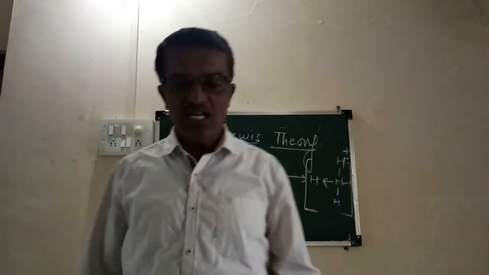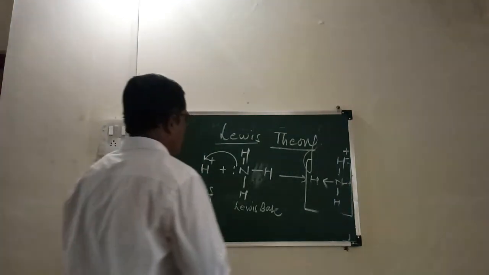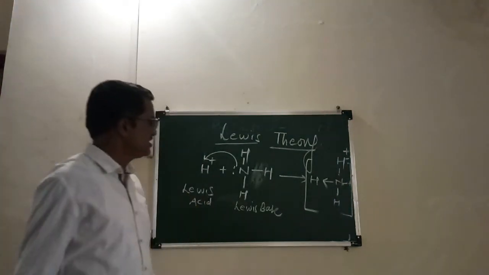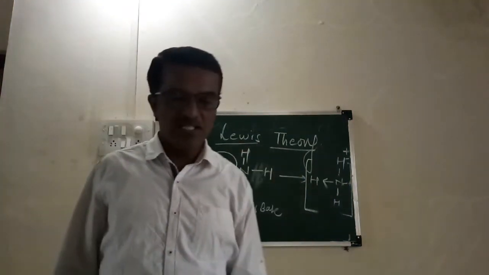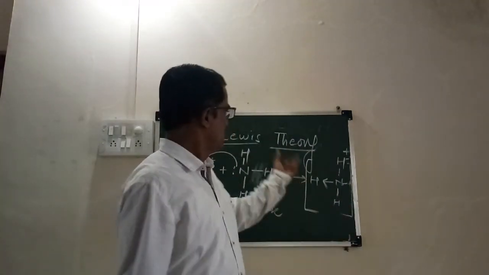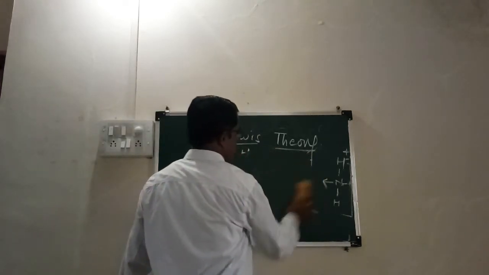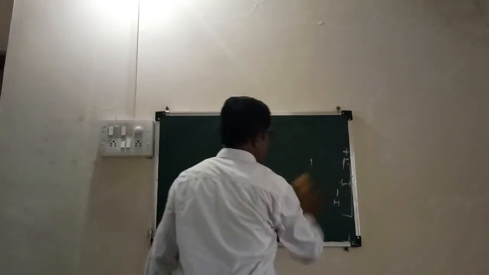That is known as the Lewis theory for acids and bases. One more example is when BF3 reacts with NH3, it gives a complex compound by donation and acceptance of a lone pair, and that is again an example for the Lewis theory.